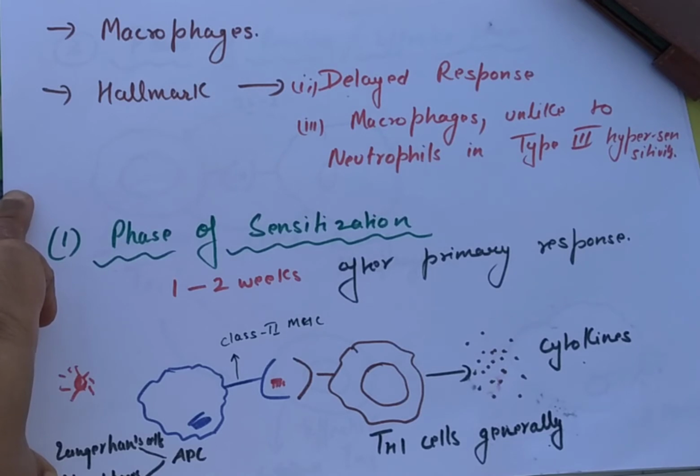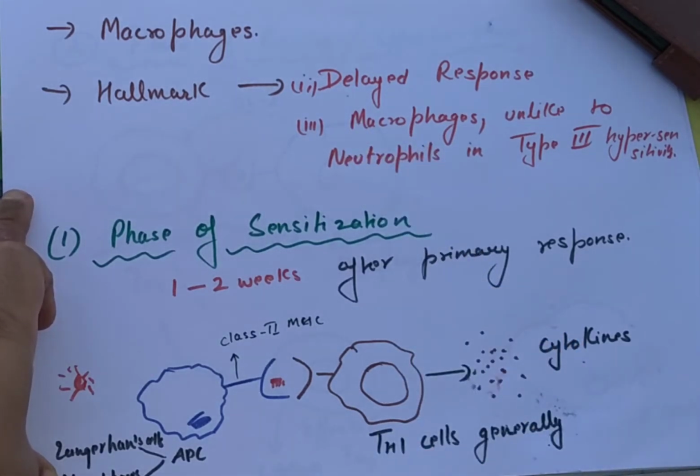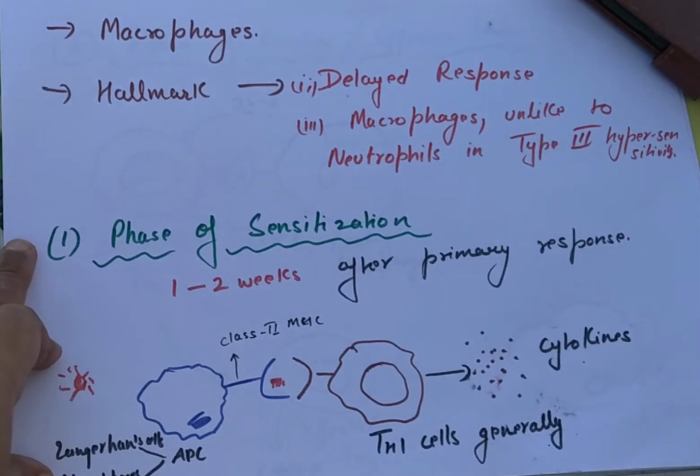The response comes a week after first exposure. Second, it involves macrophages, unlike neutrophils, which are involved in type 3 hypersensitivity. So delayed response and macrophages are two very important hallmarks of type 4 hypersensitivity.